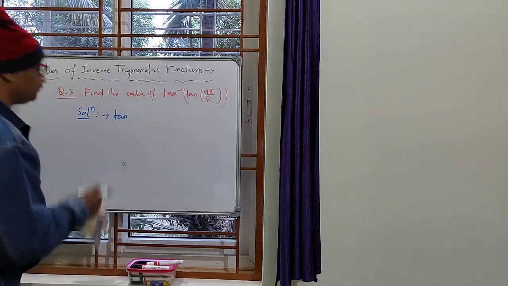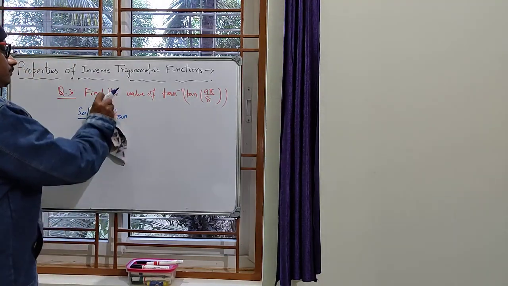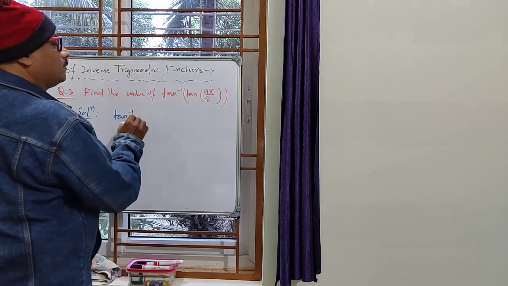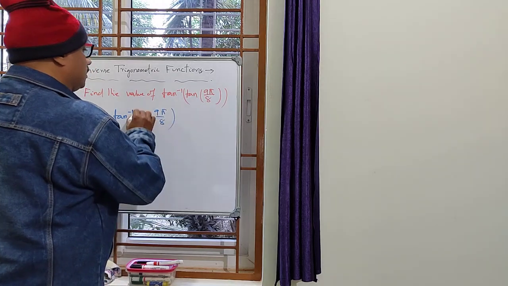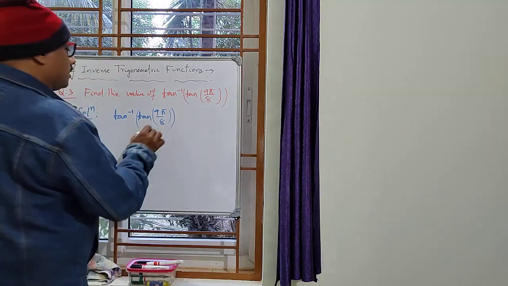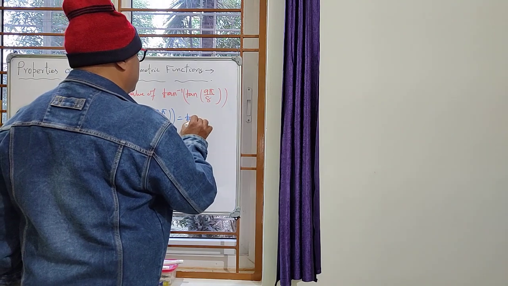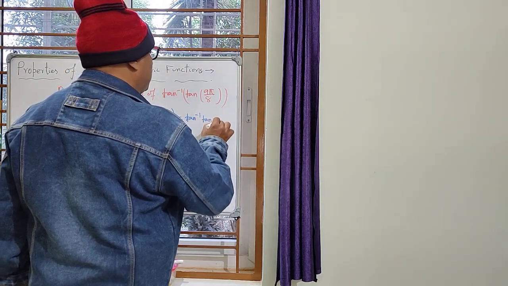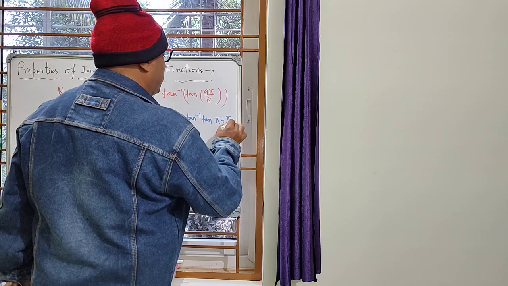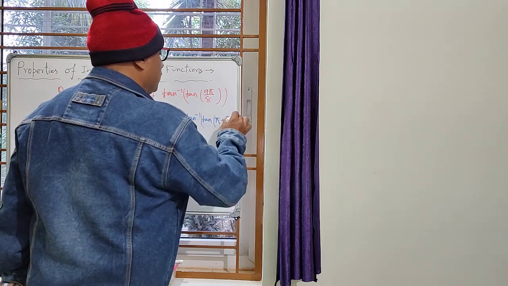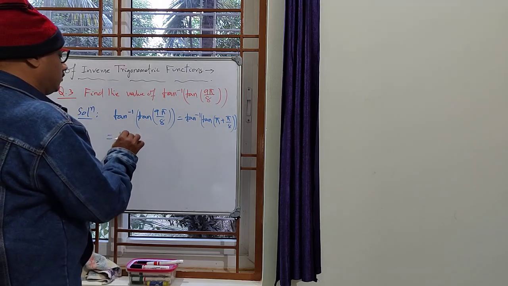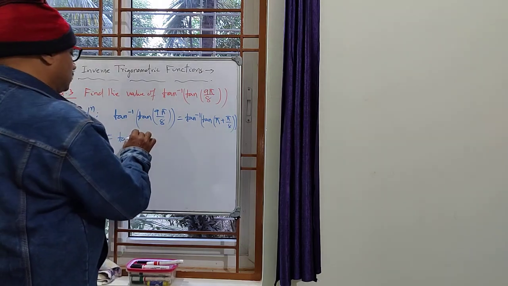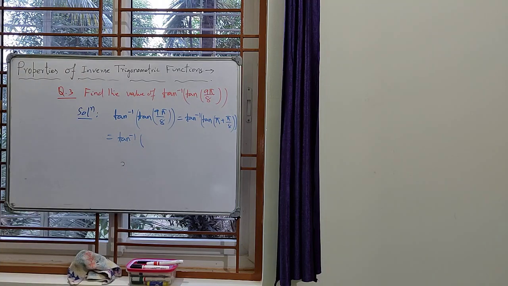Tan inverse tan 9 pi by 8 can be written as tan inverse tan of pi plus pi by 8.